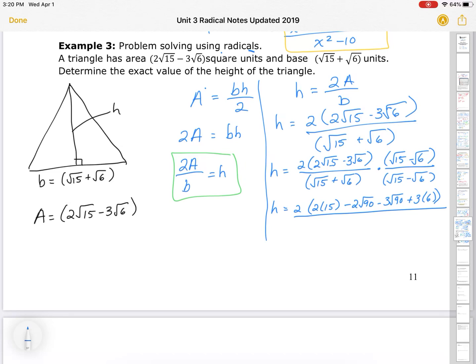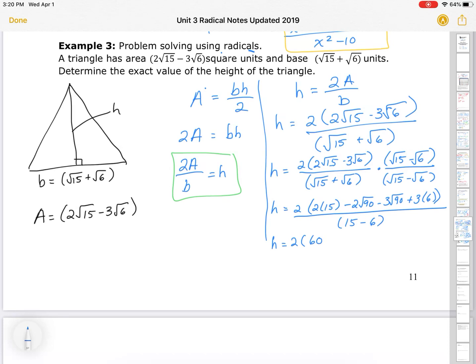And then plus 3 times 6. On the bottom, I get basically 15 minus 6. Okay, we're getting there. Let's simplify. So leave that 2 out for now. So I'm going to have 60 here.